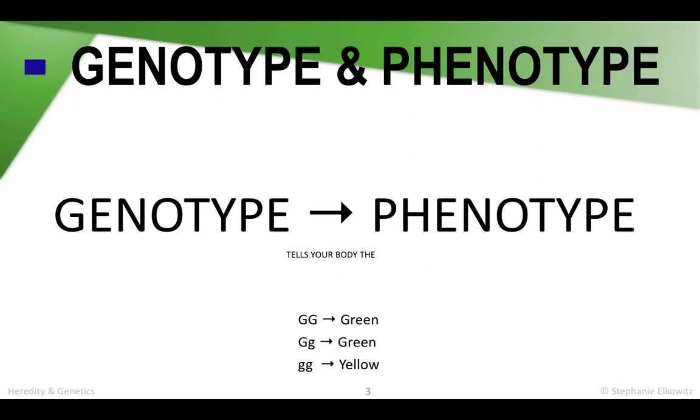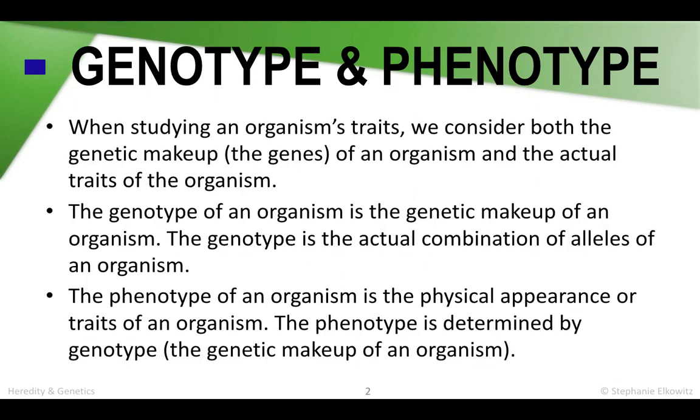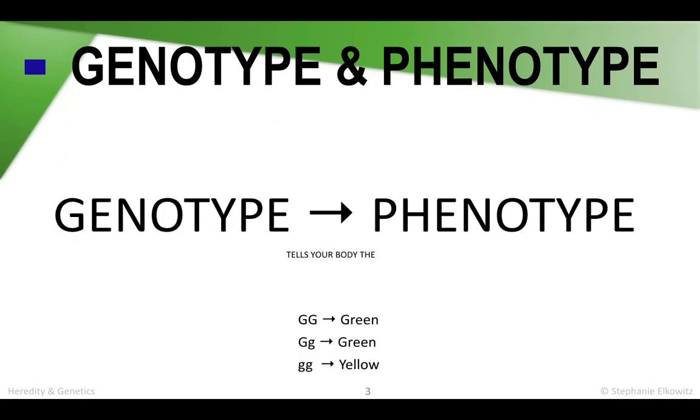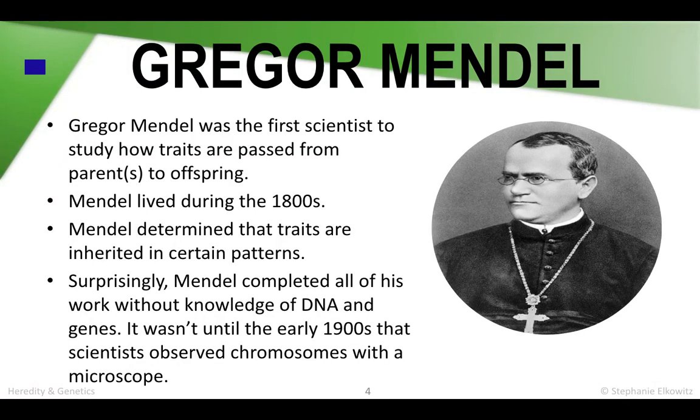That's the big difference between the two of them. You have your genotype, that genetic makeup of the organism, and the phenotype, the physical appearance of that organism. Now, Gregor Mendel, he was the first scientist to study how traits were passed from parents to offspring.